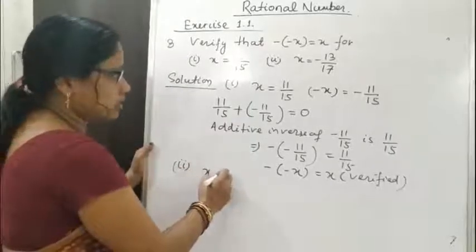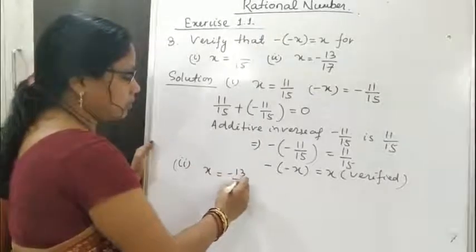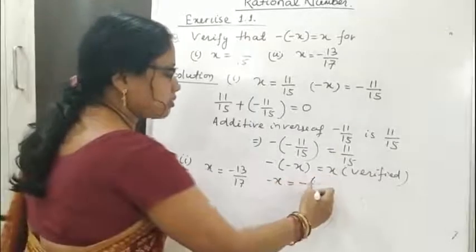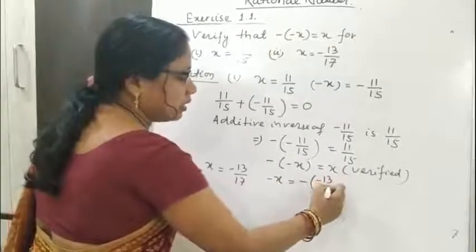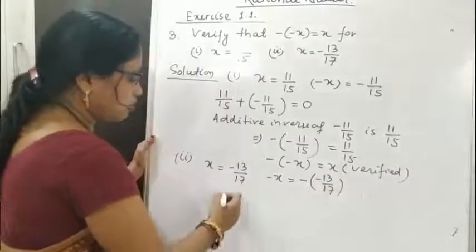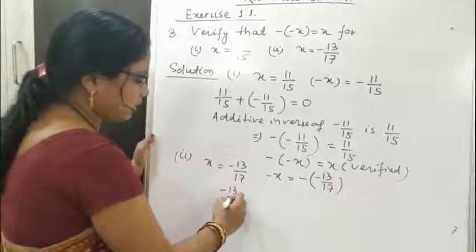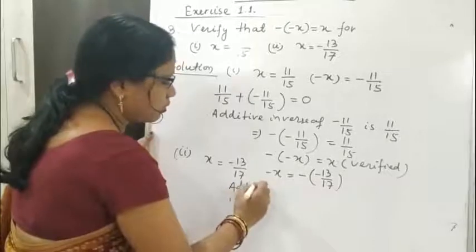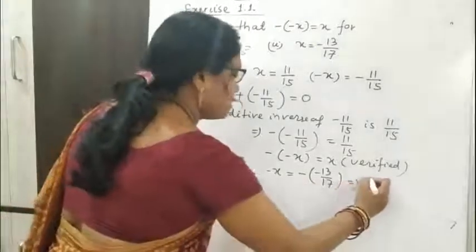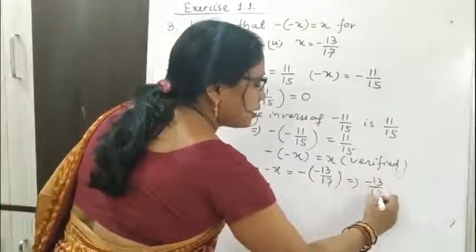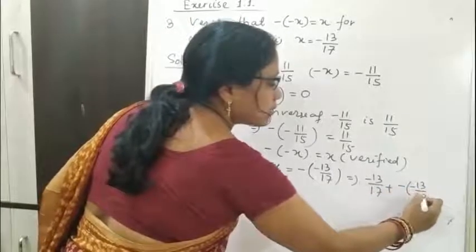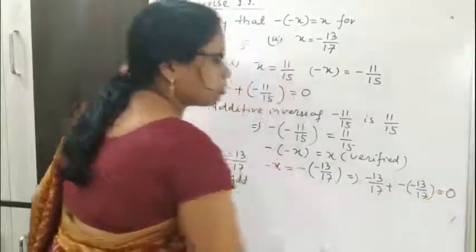So here x is equal to minus 13 by 17. So what is minus x? Minus x is minus of minus 13 by 17. We know that here we can write minus 13 by 17 plus minus of minus 13 by 17 is equal to 0.